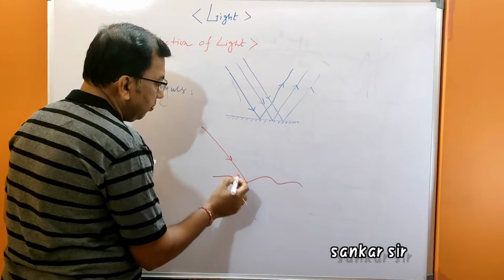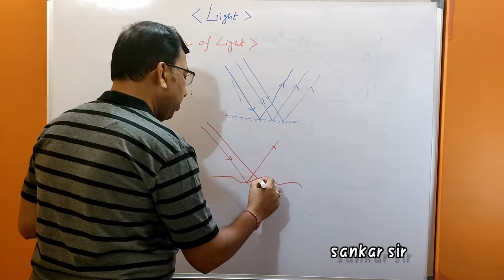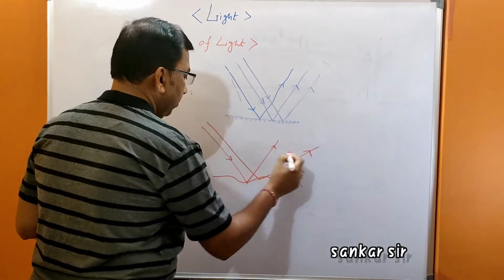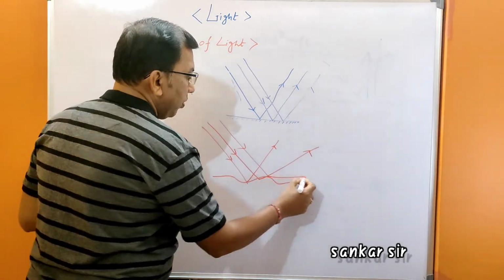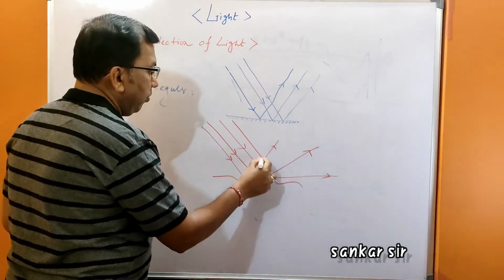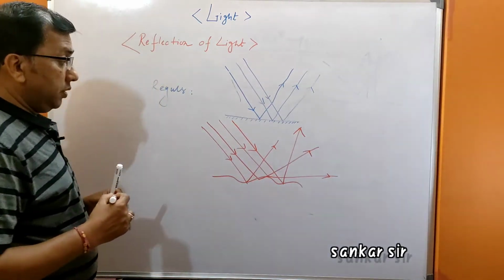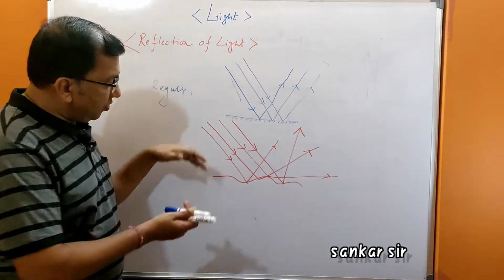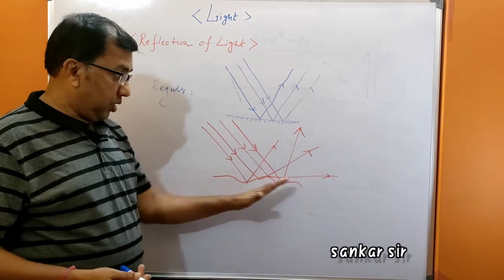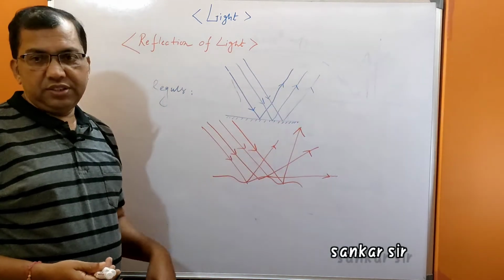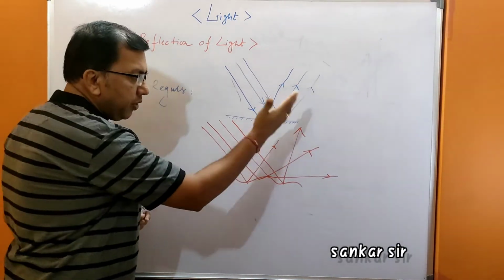A parallel beam of light is coming. But see here what the difference is. The parallel beam strikes the surface, but because of its uneven surface, it does not return in a regular direction, not maintaining a particular way.